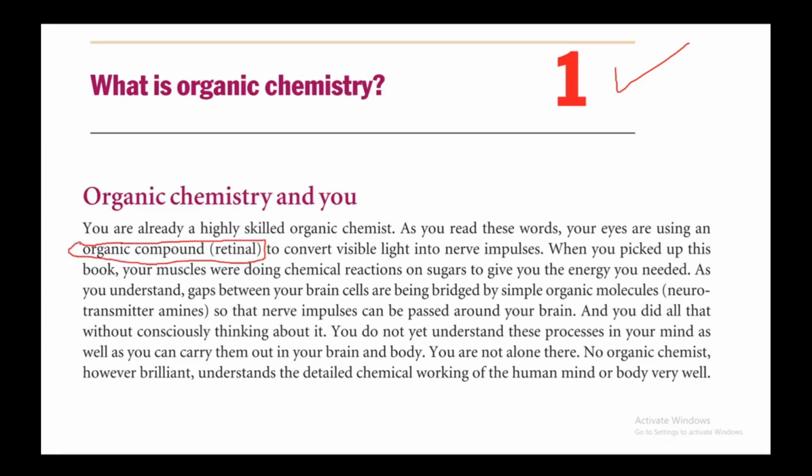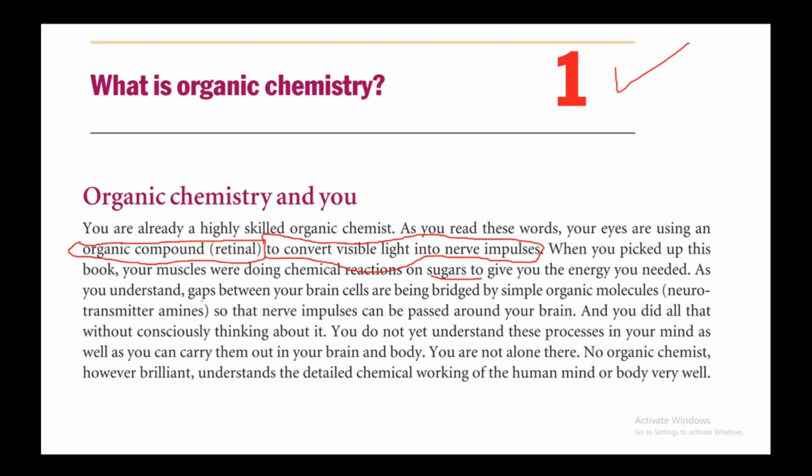As you are watching my video, your eyes contain an organic compound called retinal. What is the purpose of that compound? It converts visible light into nerve impulses. This is done through this compound. When you picked up this book, your muscles were doing chemical reactions on sugars to give you the energy you needed.